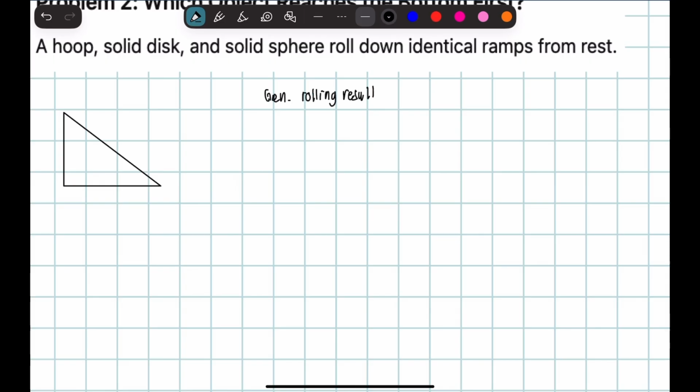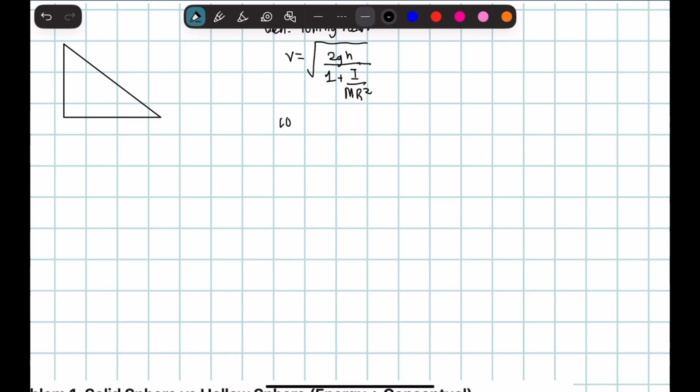And this formula is going to be v equals the root of 2gh divided by 1 plus I divided by mr squared. What you have to do is compare specifically I over mr squared, this component right here, and find this for each object.